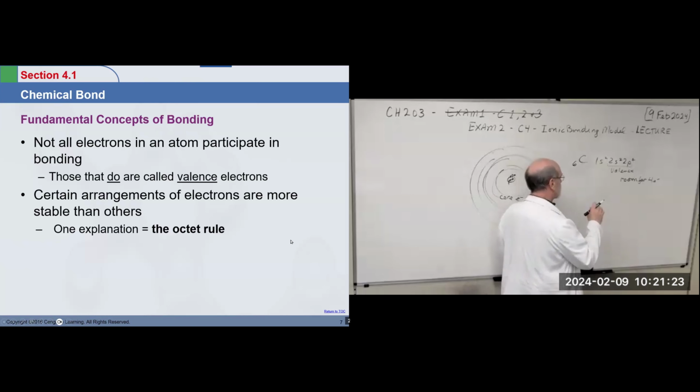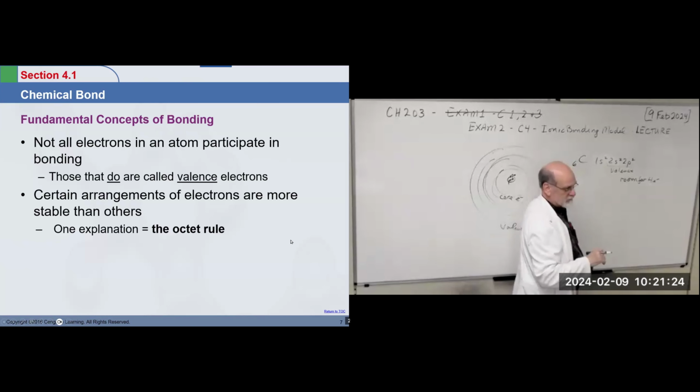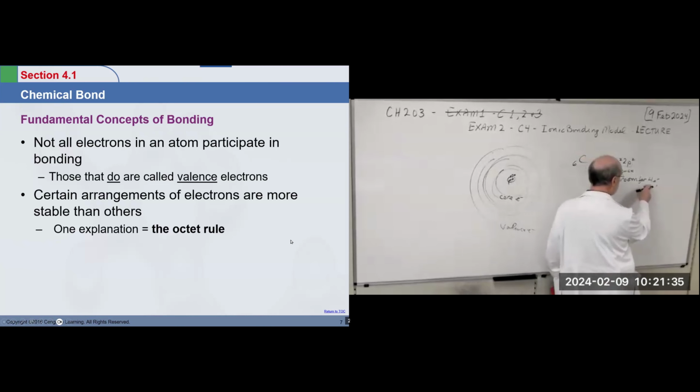So how would it get 4 electrons? Well, it would either transfer electrons from a metal or it would share with something else. And if it got those 4 electrons, then what would it look like? It would have 6 here and 2 there. That's 8 electrons. There's your octet.